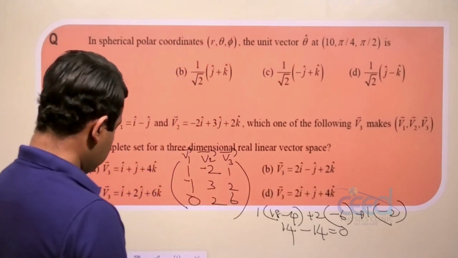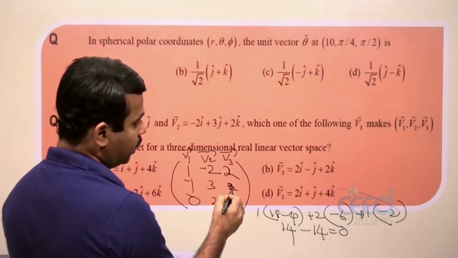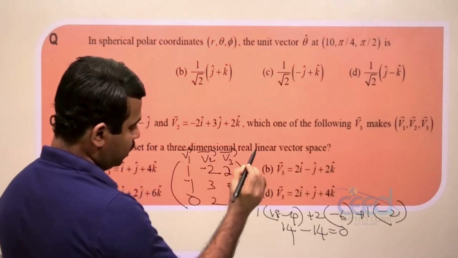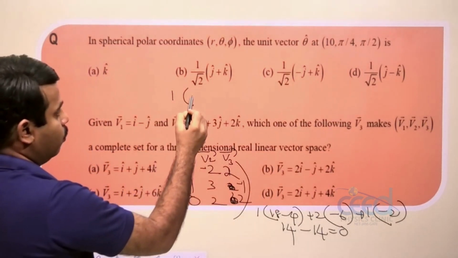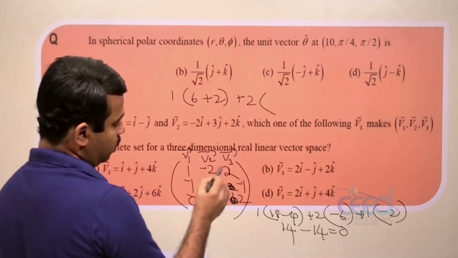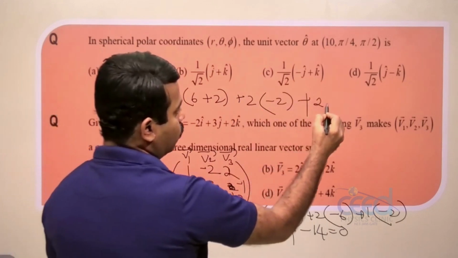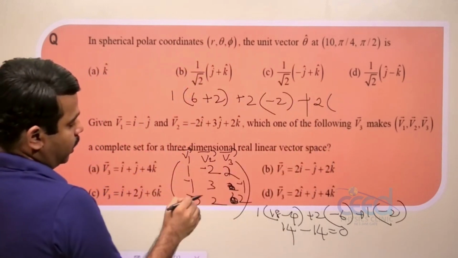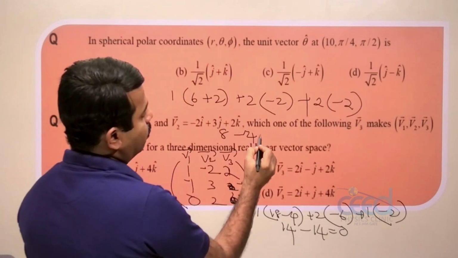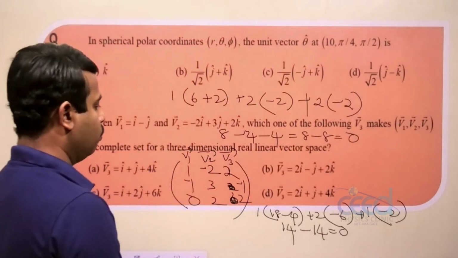Now what is the determinant? 1 into 6 plus 2, plus 2 into minus 2, plus 2 into minus 2 again, then 8 minus 4 minus 4, which is 8 minus 8, equal to 0. So this also is not possible.